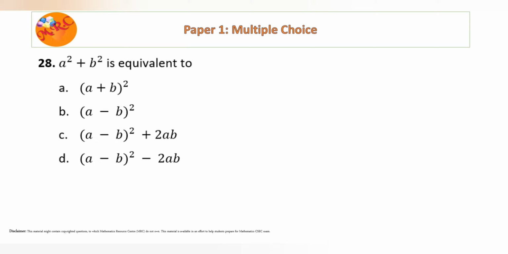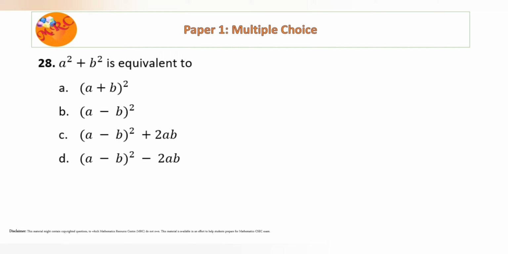So for this question, I would love for you to know what a squared plus b squared is in general, right? Because this is something that you can actually know the answer without working it out. However, for this present video, we're going to go through the solution using a trial and error method, and then I would love for you to maybe swap this information to know that if you have a squared plus b squared, it's going to be equivalent to this.